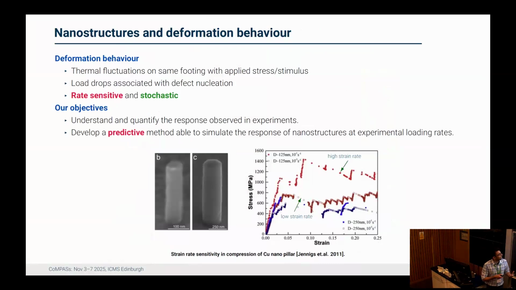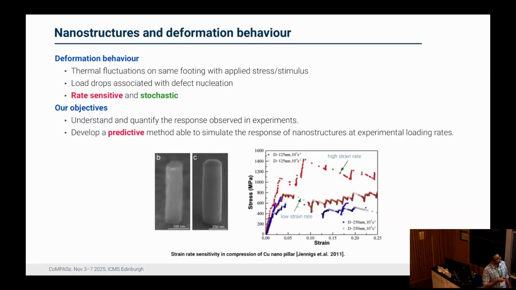So for example, this is an experiment by Julia Greer's group at Caltech. They took a copper nanocolumn and they compressed it. The blue ones are thicker columns and the red ones are thinner columns.